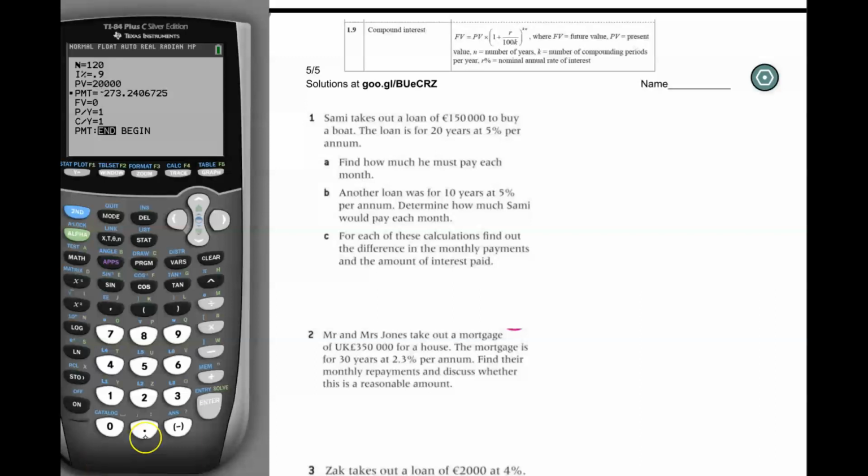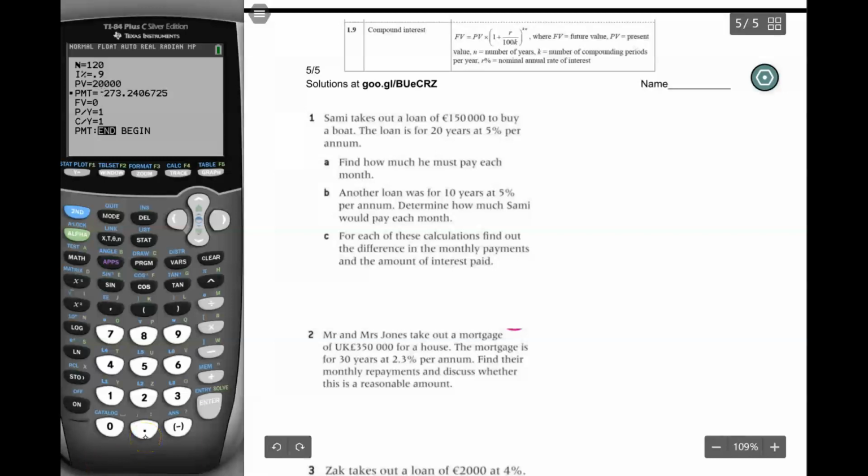Okay, so let's look at that first. Sammy takes out a loan of 150,000 euros, so that's the amount of the loan, which is the PV. And then to buy a boat, the loan is for 20 years at 5% per annum. What determines whether N is going to be 20 or 20 times 12?